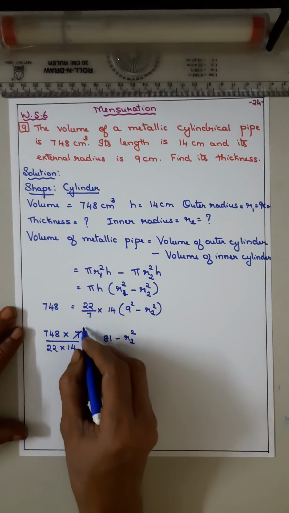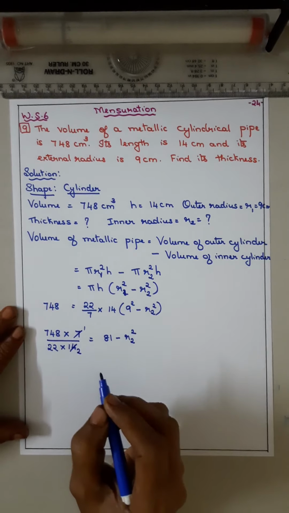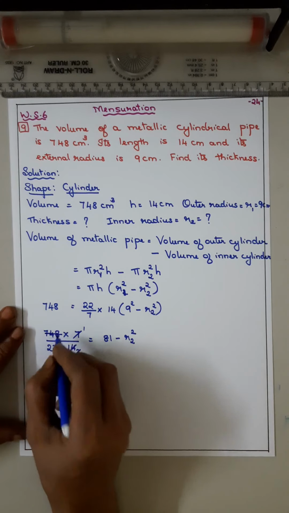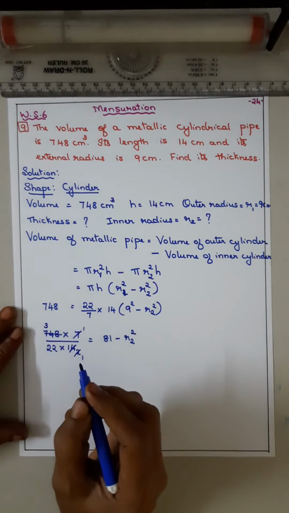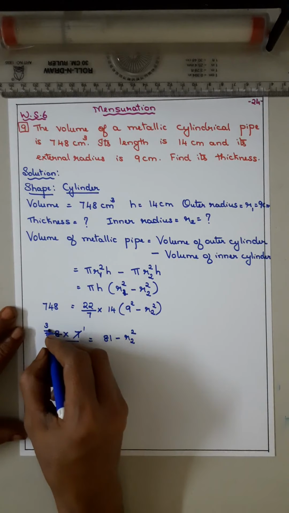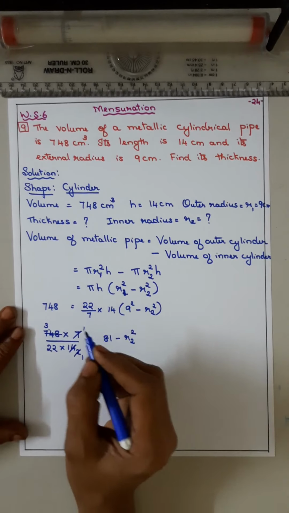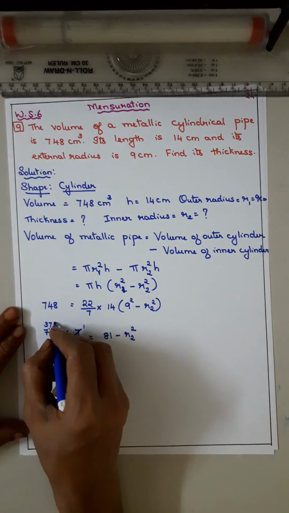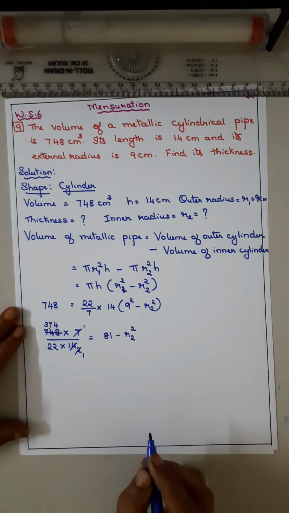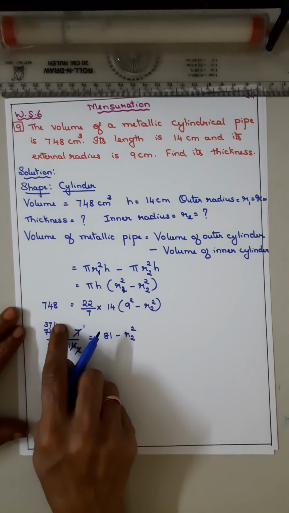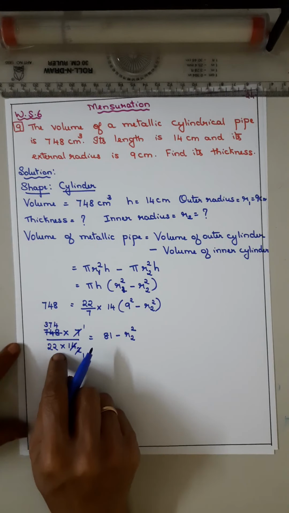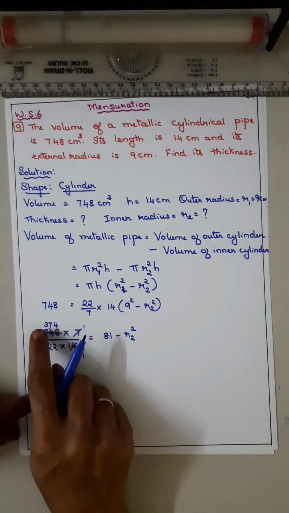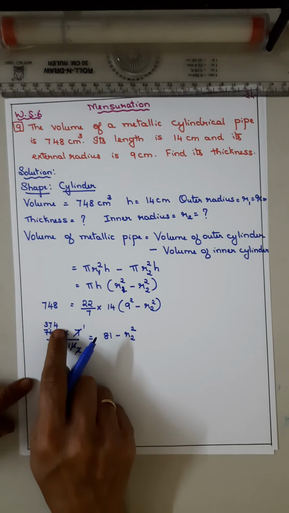Now 7 ones are 7, 7 twos are 14. Now 2 ones are 2, 2 threes are 6. 1 remains. 2 sevens are 14. 2 fours are 8. Now 22 and this. 22 is divisible by 11. So this also you check. 7 and 3 plus 4 again it is 7.